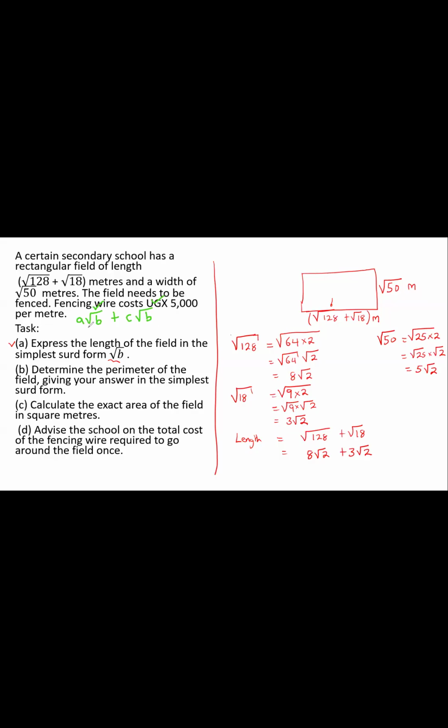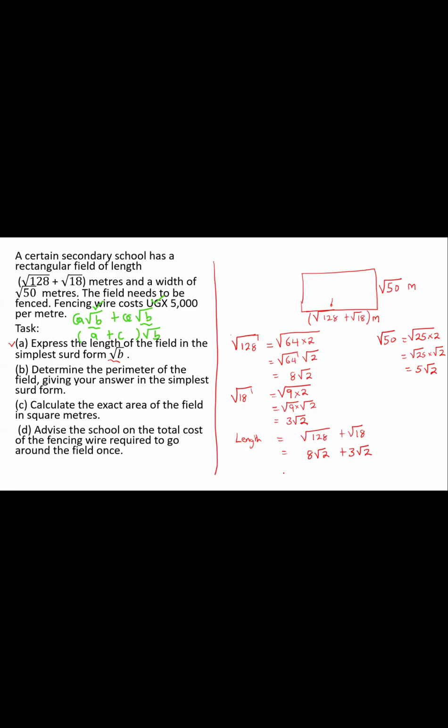Alternatively, the moment you look that this one is root of b, it means that they are common. That means you can pull it out and have root of b here. Then here you remain with a plus c. So still here the same thing, we are going to add the a and the c.